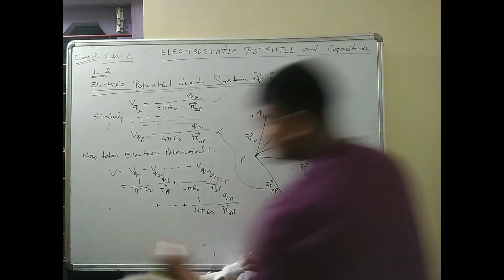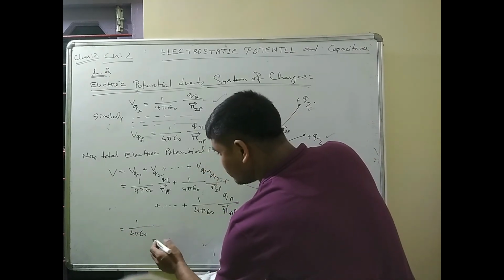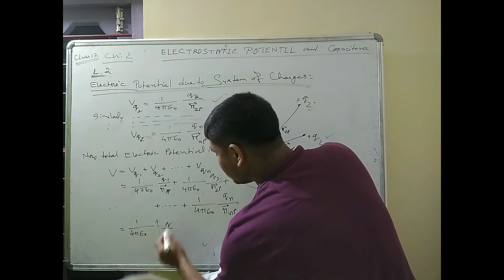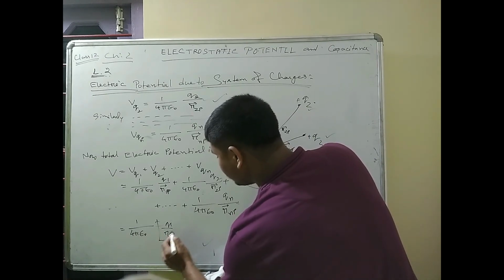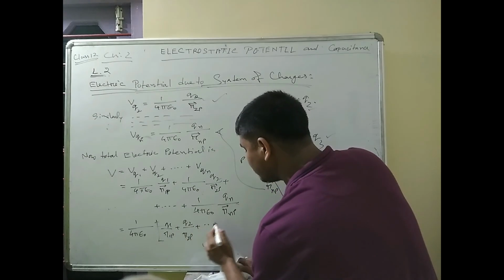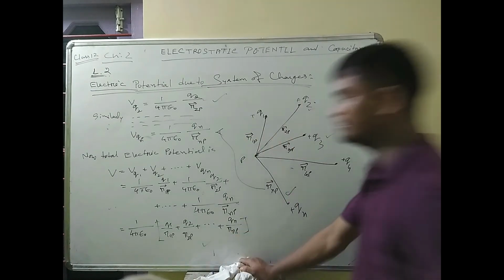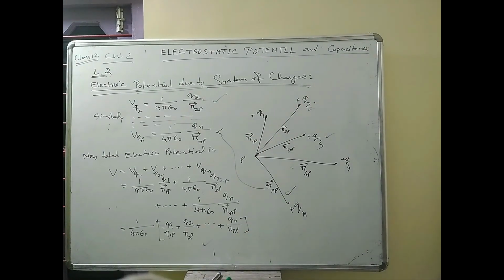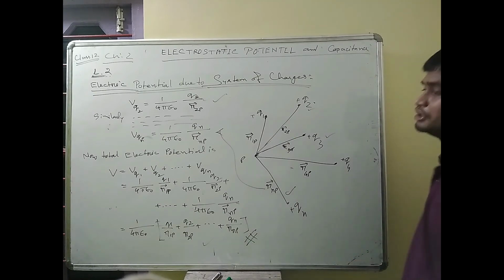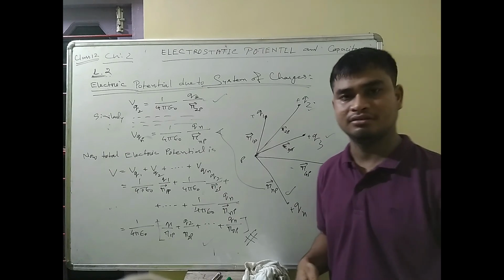We can simplify: V equals 1 by 4 pi epsilon naught times Q1 by R1P plus Q2 by R2P plus dot dot dot Qn by RnP. Write down. This is the electric potential due to a system of charges. Clear? Okay.